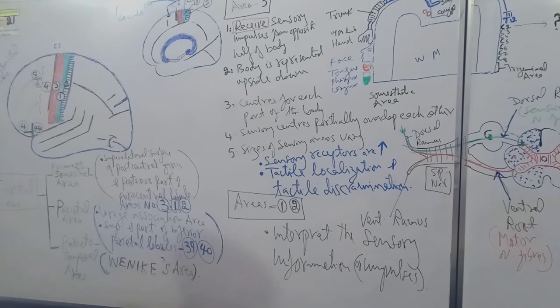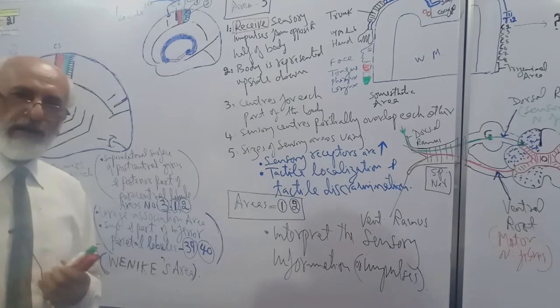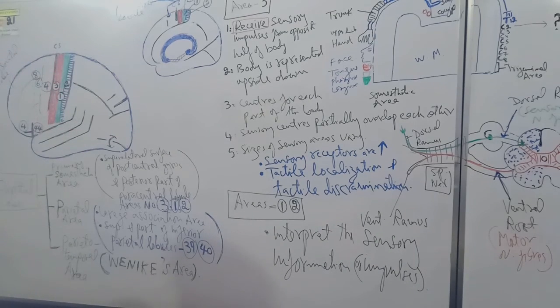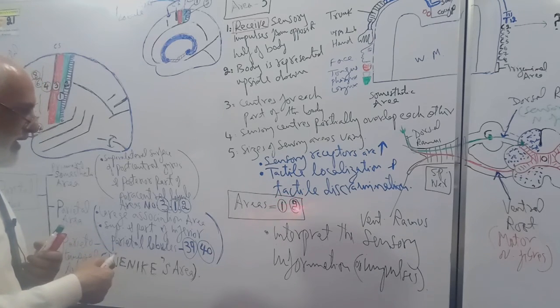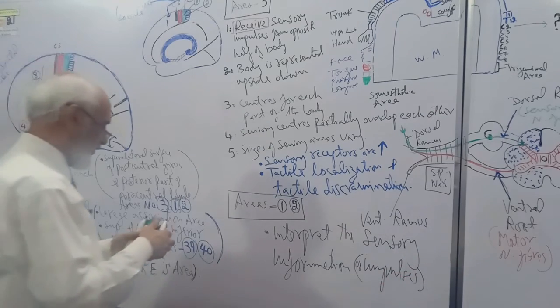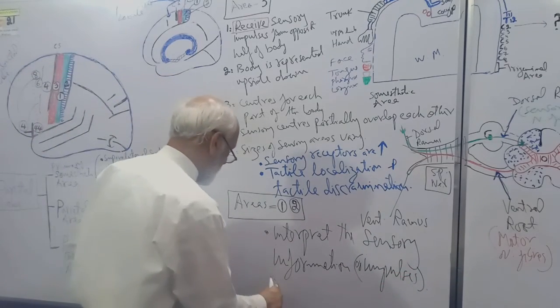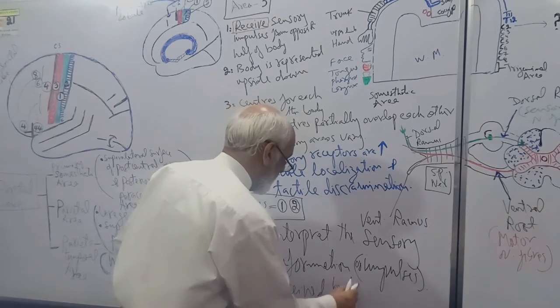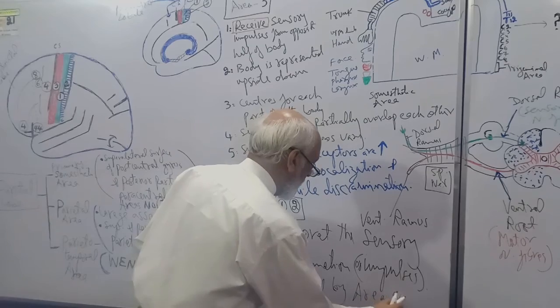Just sensation, but the patient cannot describe which type of sensation it is. It is area number 1 and 2 which define further details about that sensation received by Brodmann cortical area number 3. Area 1 and 2 interpret all the sensory information received by area number 3.